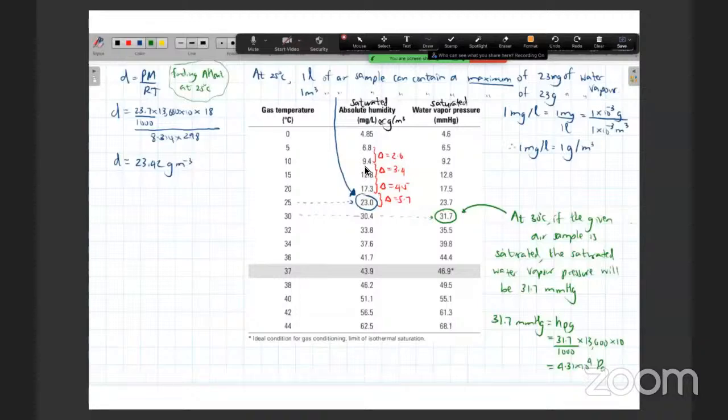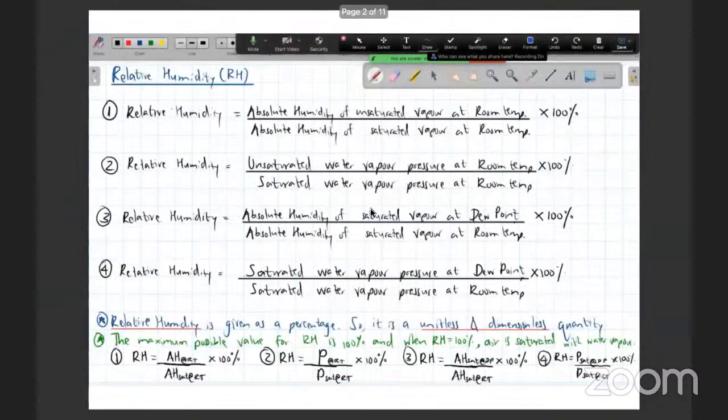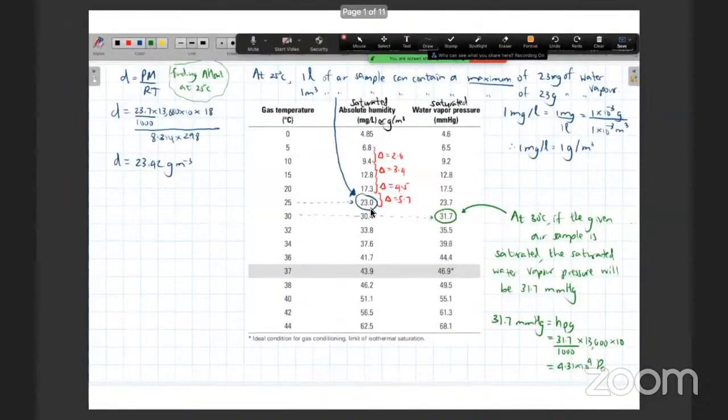The class before this, we learned the definition for absolute humidity, and then we started with the equations for relative humidity. Now, what is the definition for absolute humidity, people? Absolute humidity is just the density of water vapor.